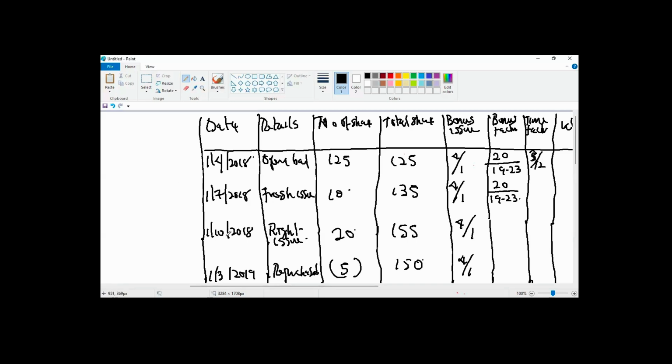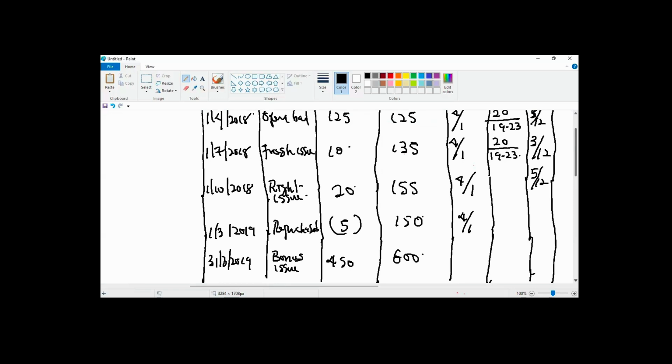From 1st of July to 1st of October, July, August, September, is 3 over 12. Then from 1st October to 1st of March, 5 months: October, November, December, January, February. March is not inclusive. So 5 over 12.